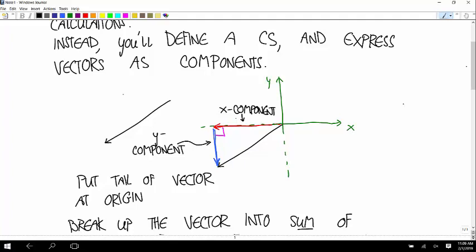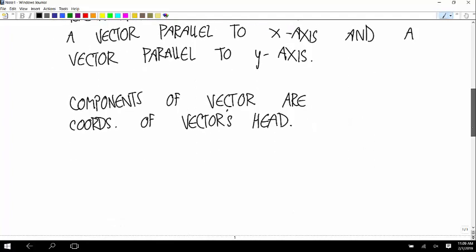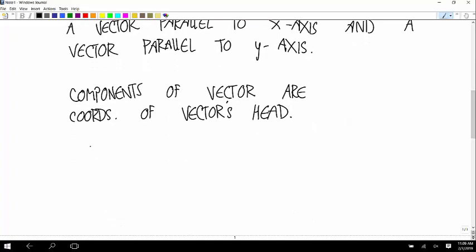Okay, and if you wrote that point as coordinates, you would have a negative x coordinate and a negative y coordinate. Okay, and we'll represent vectors this way.